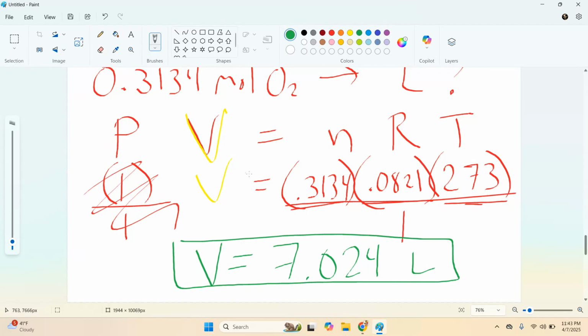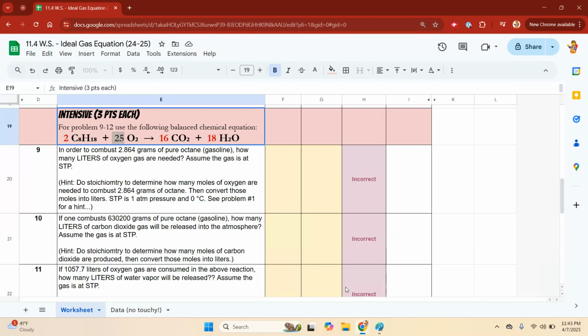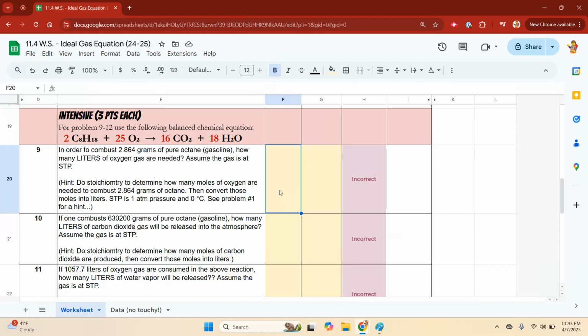That's how much volume of oxygen you're going to need to burn. So I'm going to go to my worksheet and type in 7.024. Yay, liters! I did it.